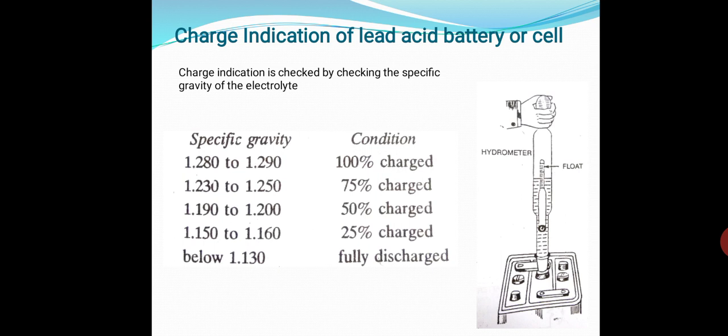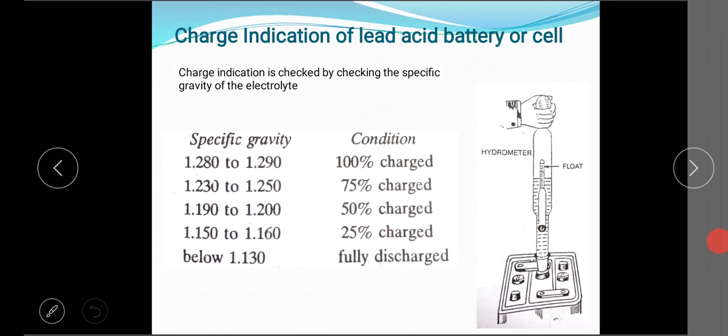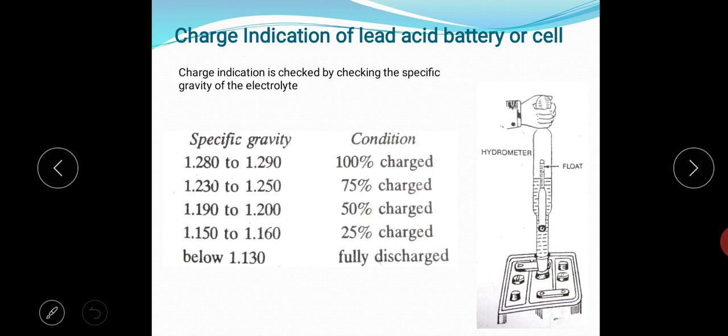Okay, so when you suck the electrolyte, there is a float in it. In this instrument there is a float. On that float, different values are written for specific gravity. Here in this chart you can see those values are given. If the float reads 1.280 to 1.290, it means your battery is 100% charged.